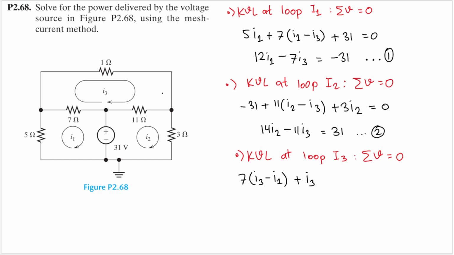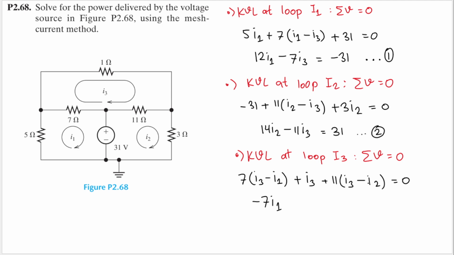Now let's do this 11 here. I will have plus 11 multiplied by I3, since we are working on I3. But I2 is flowing in the opposite direction, so I will have minus I2 here. All of that will equal 0. I1 only comes from here, so I will have minus 7 I1.